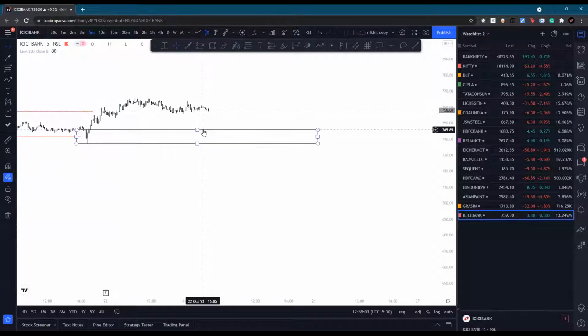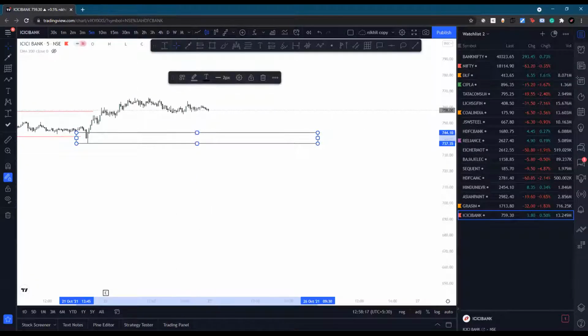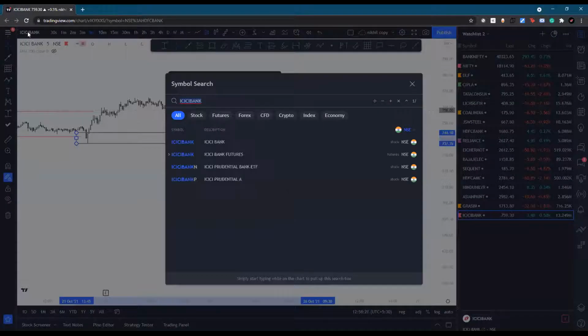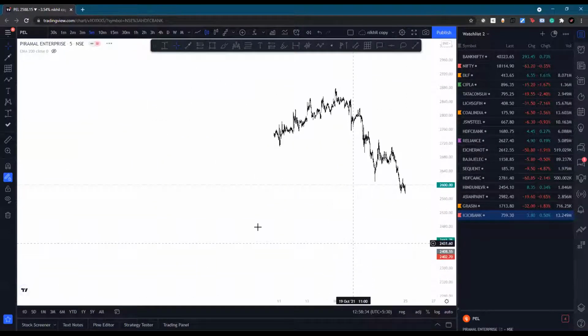If you want to re-enter again, you have to wait for it to tap into this order block level. Currently, that's a good level, so we'll wait and watch. PEL.